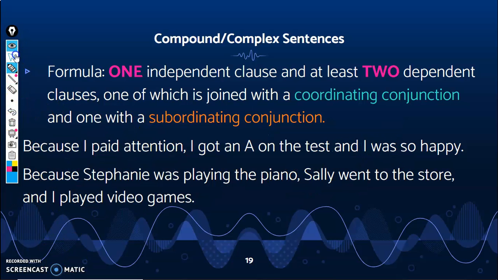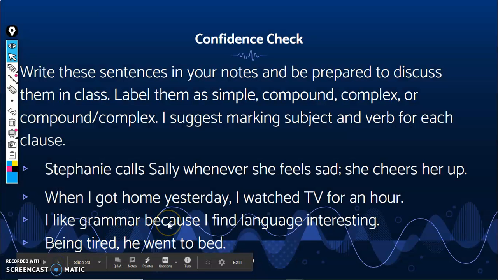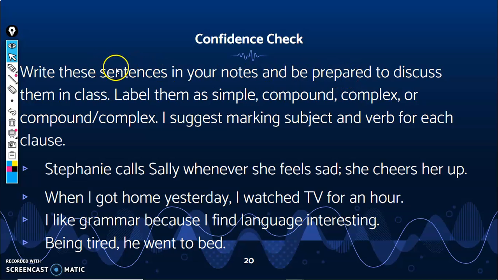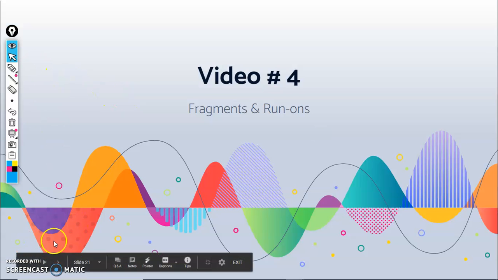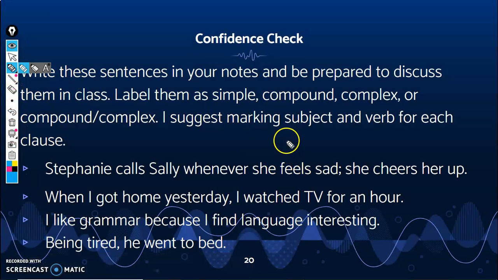Okay, last slide. This is our confidence check. What I want you to do for this is write the sentences in your notes and be prepared to discuss them tomorrow. I don't want you to just write them. I want you to label them as simple, compound, complex, or compound complex. There are 4 samples here. Going back one slide, I suggest that you practice marking the subjects and the verbs.